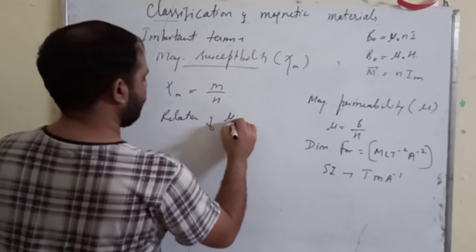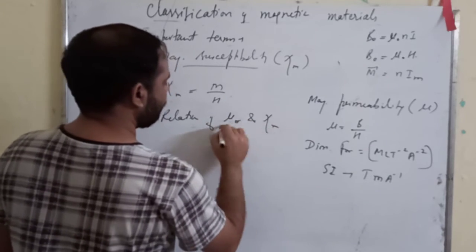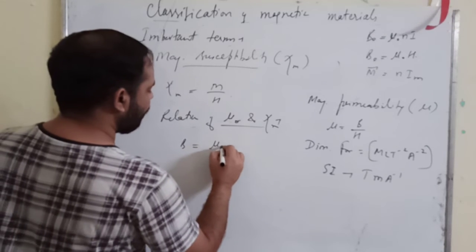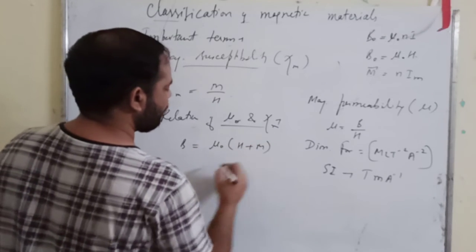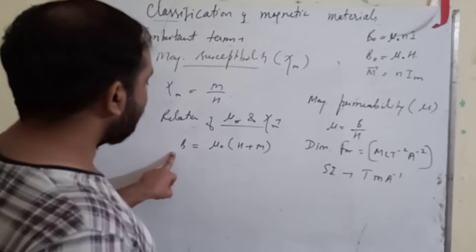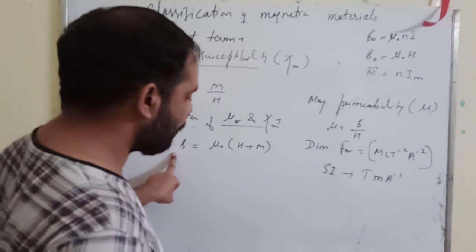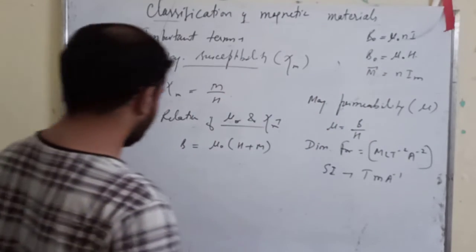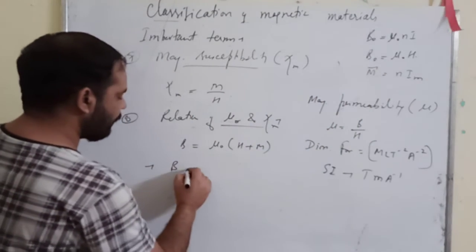The last one is the relation of mu r and chi m. So what we have is B equals mu naught times H plus M. But how much is B?